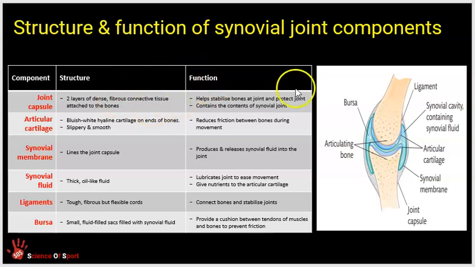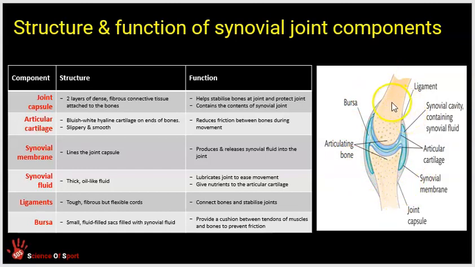So our joint capsule is this outer layer, you can just see it labeled there, the outermost layer of a synovial joint. This is a very standard neutral diagram. It's not particularly of any one joint, it's a more generic diagram. But a joint capsule is a double layered, fibrous connective tissue capsule, a bag if you like.